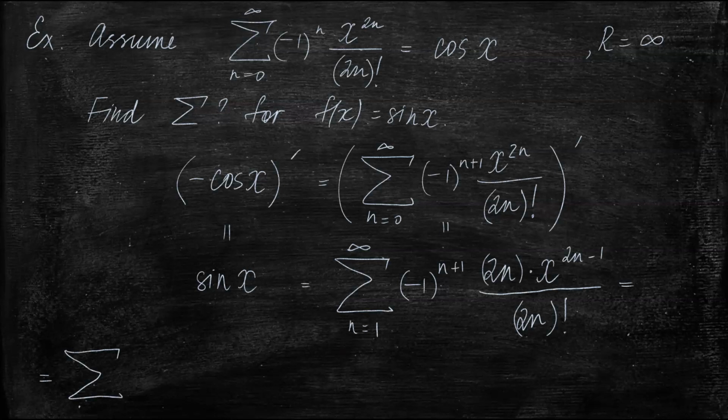First, I'm going to simplify what's inside of the sigma. The 2n will be reduced with this 2n factorial in the denominator.